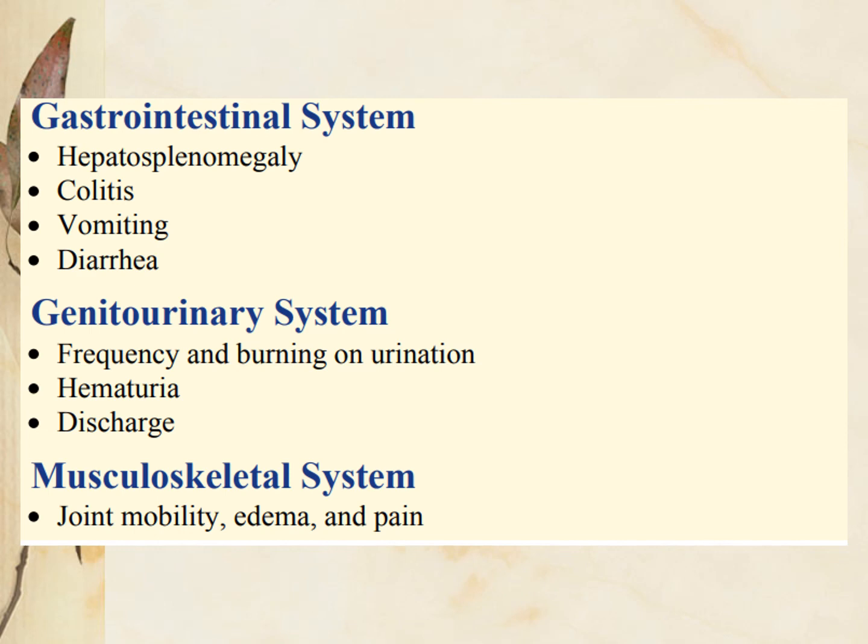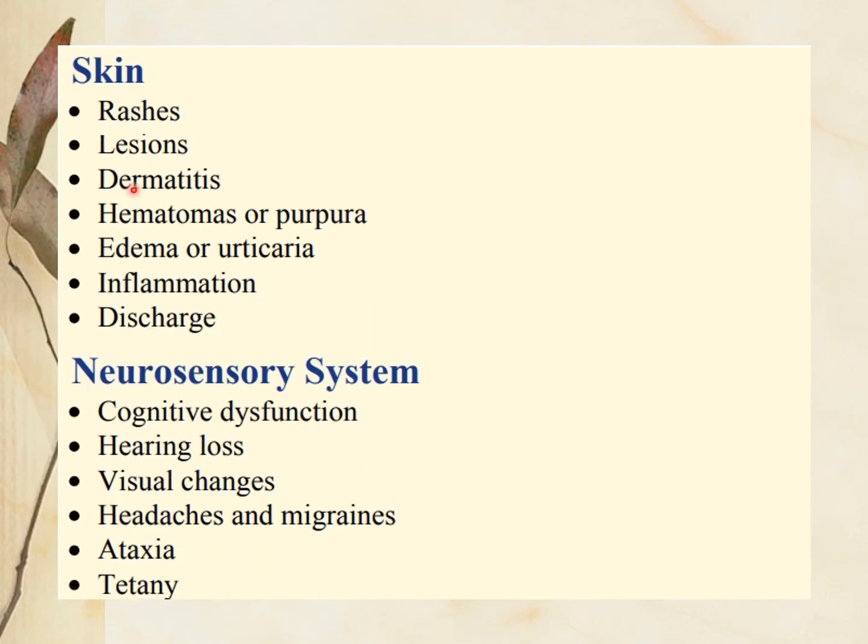For the musculoskeletal system, you can check for joint mobility, edema, and pain. For the assessment of skin, you have to check for rashes, lesions, dermatitis, hematomas or purpura, edema or urticaria, inflammation, and discharge. For the neurosensory system, you check for cognitive dysfunction, hearing loss, visual changes, headaches and migraines, ataxia, and tetany.